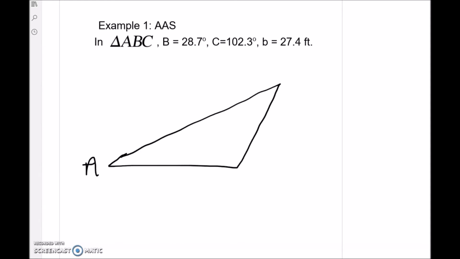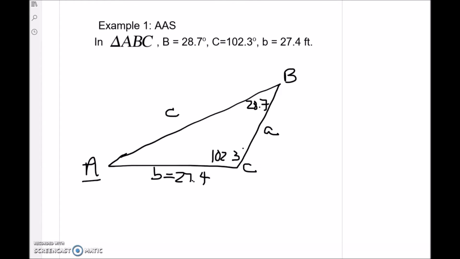So we have A, B, C, and I know B is 28.7, C is 102.3, and side b is 27.4. When I solve, I need to find side c, side a, and angle A.